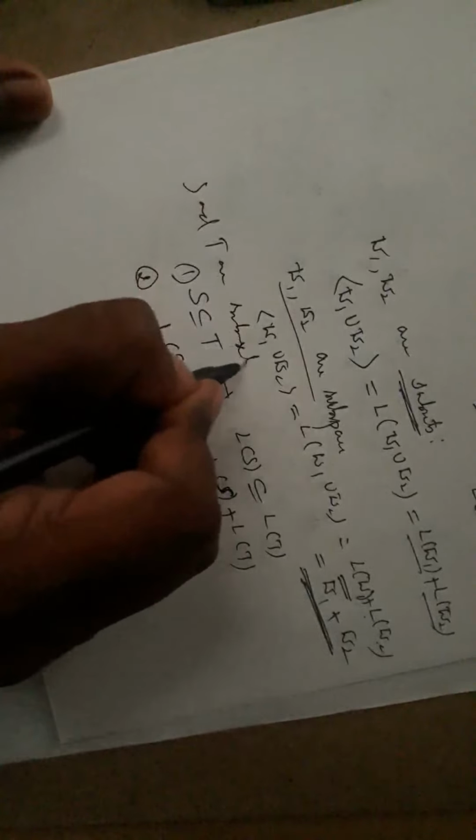Then if S is contained in T, this implies L of S is contained in L of T, and we already noted this. L of S union T is L of S plus L of T, provided they are subsets, where S and T are subsets.